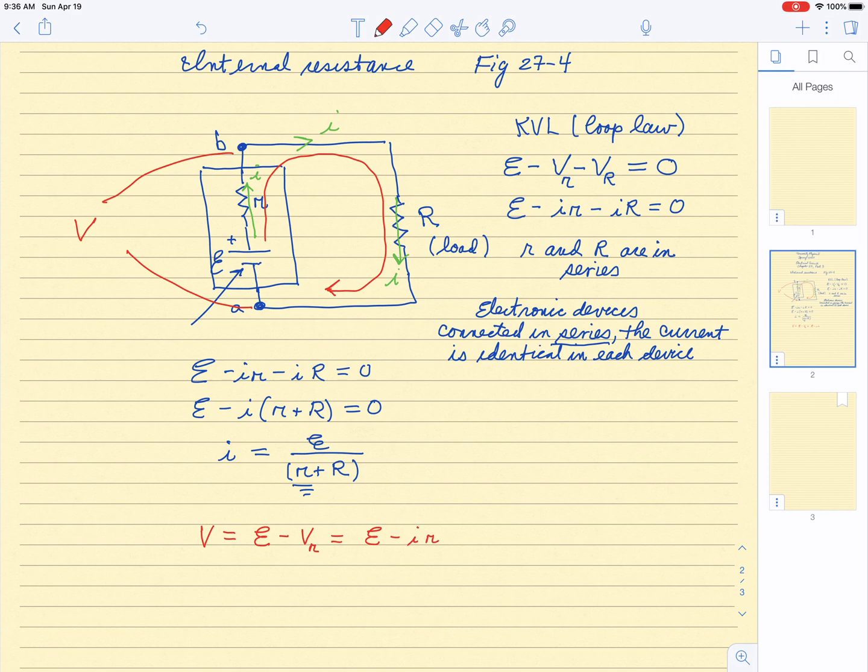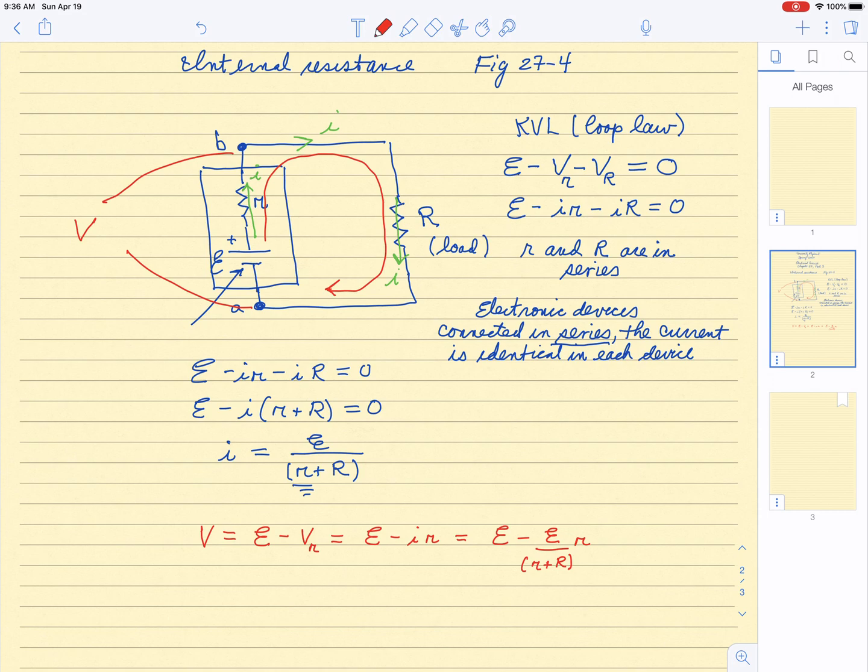And we know what I is, so that's going to be equal to script E minus script E over lowercase r plus capital R, times lowercase r.